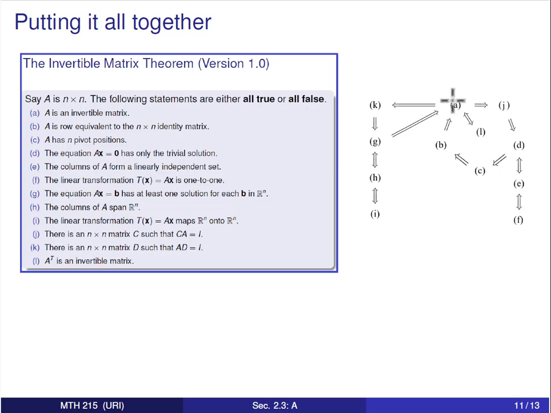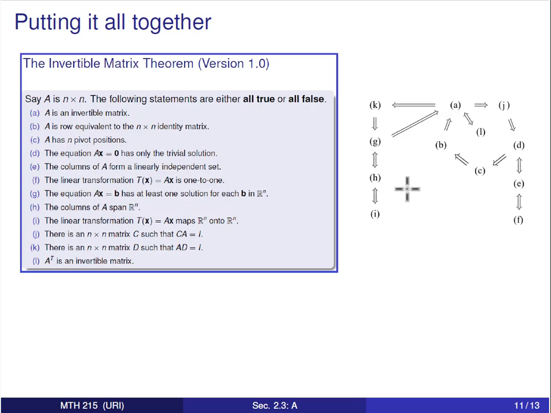We just got done talking about biconditionals: A and L, and G and H and I, and D, E, and F. As you hook those things up, you'll see that here is a picture of how those statements are related to each other according to the proof given in the textbook.